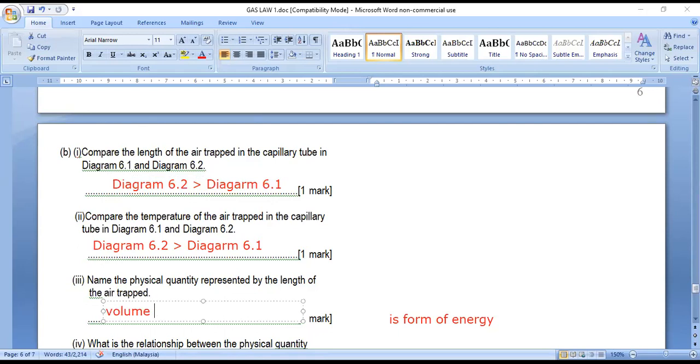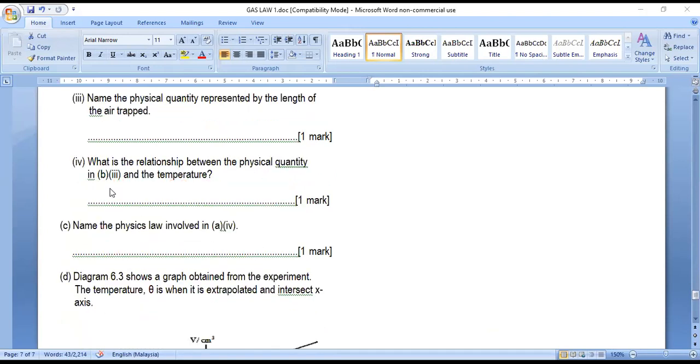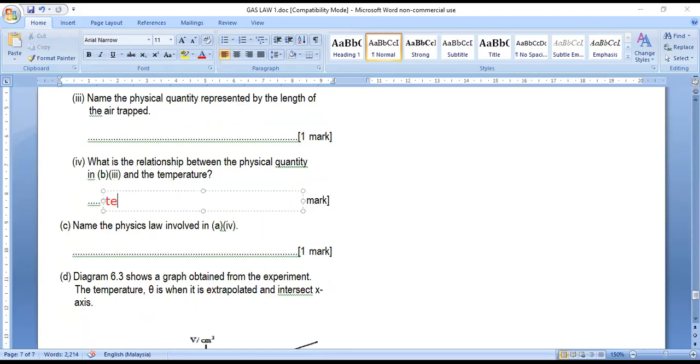Then the relationship between the physical quantity and the temperature: the higher the temperature, the bigger the volume. Name the physics law involved. So this is Charles' law.